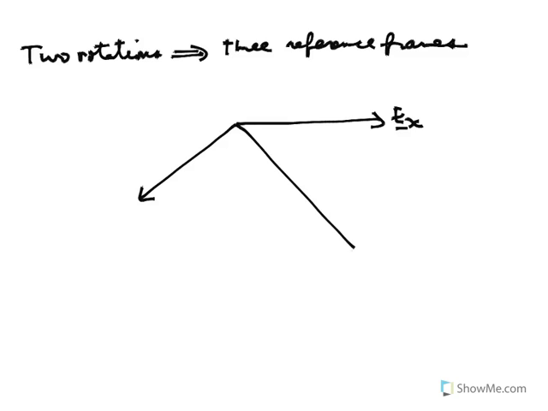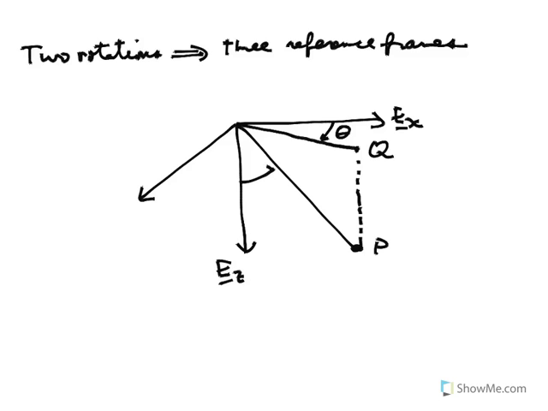So here's the point P, and here's the point Q. Now, we have an angle theta, and we have another angle measured from EZ, which is phi. So the first rotation, you can actually see that the first rotating frame is this plane defined by the direction OQ and EZ.